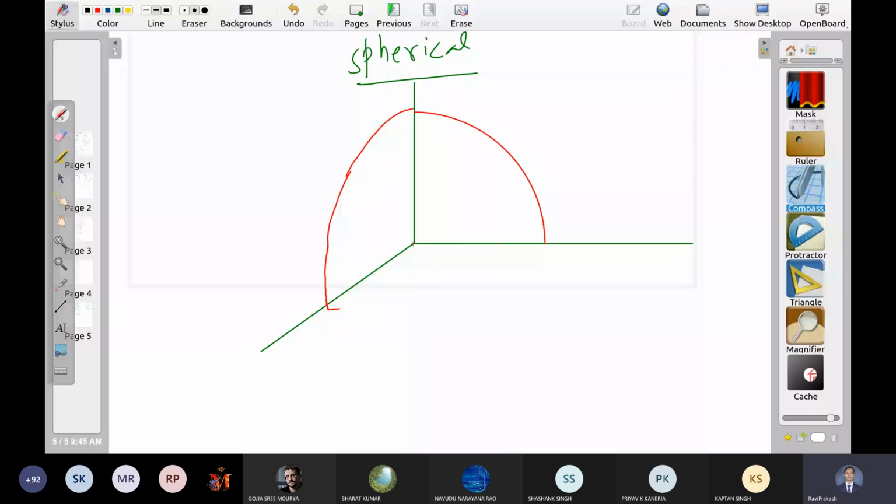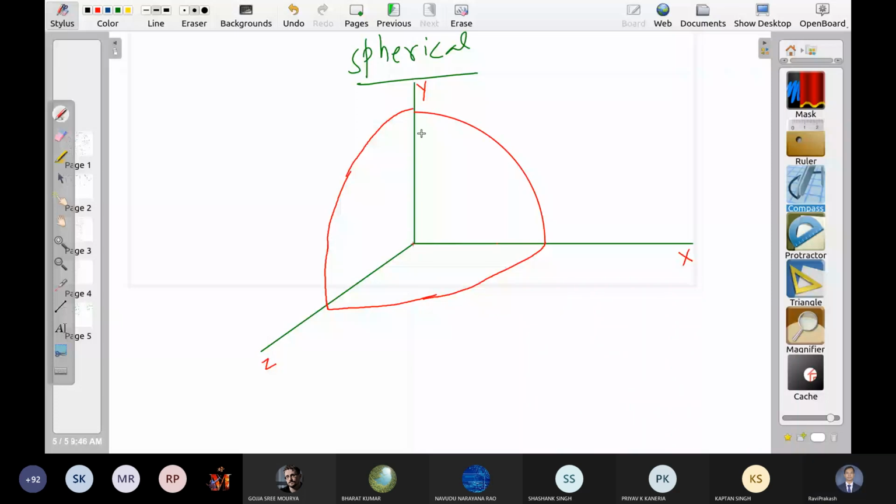So this red surface, you can think of it like the 1/8 part of a sphere. Or you can assume that we have captured the eighth part of a spherical ball. You can consider this as the x-axis, this as the y-axis, this as the z-axis. A ball is there with its center coinciding with the origin, and we are considering only the 1/8 part where all the coordinates are positive.